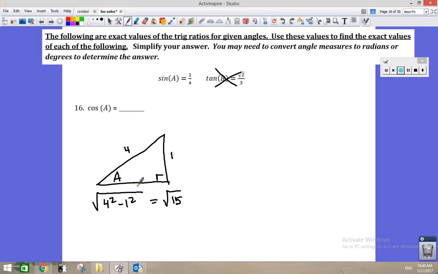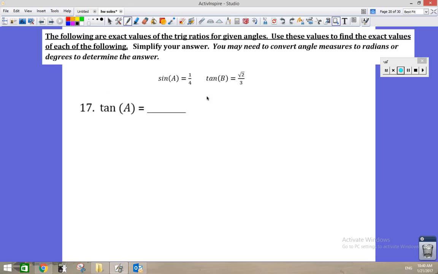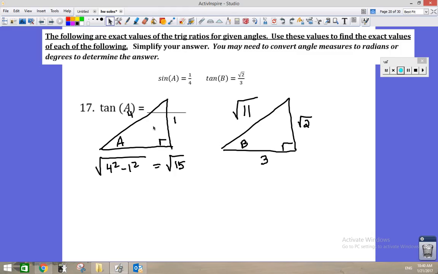The cosine of angle A is the adjacent leg over the hypotenuse, so I'm getting the square root of 15 over 4, and I'm done. If we go to the next one, bring our two triangles with us.